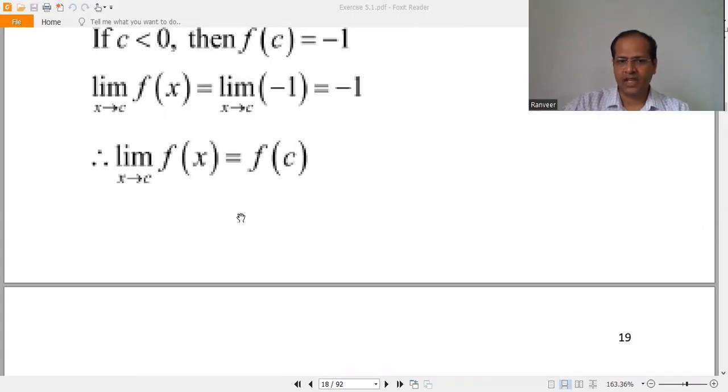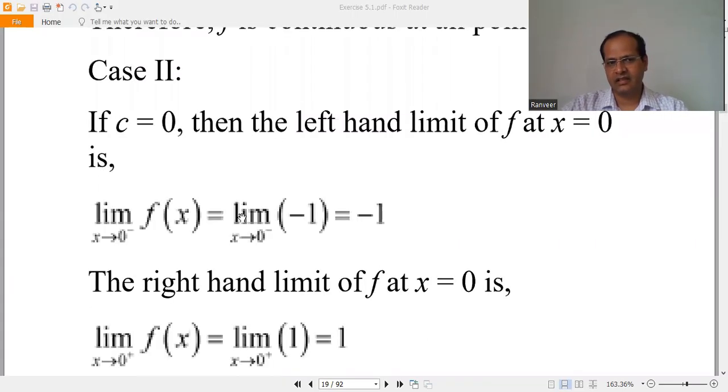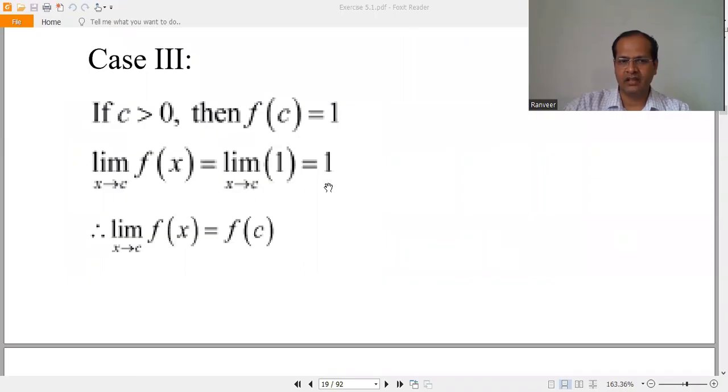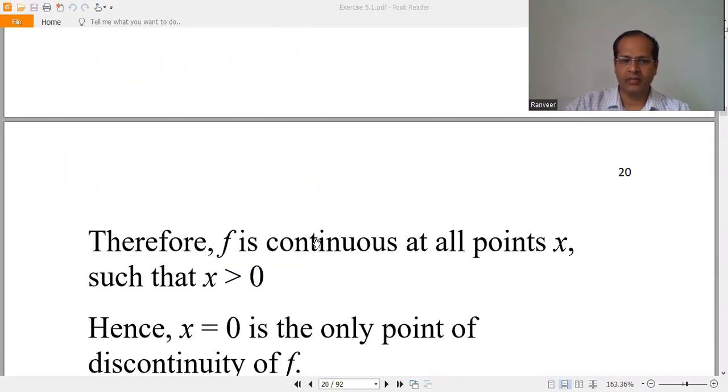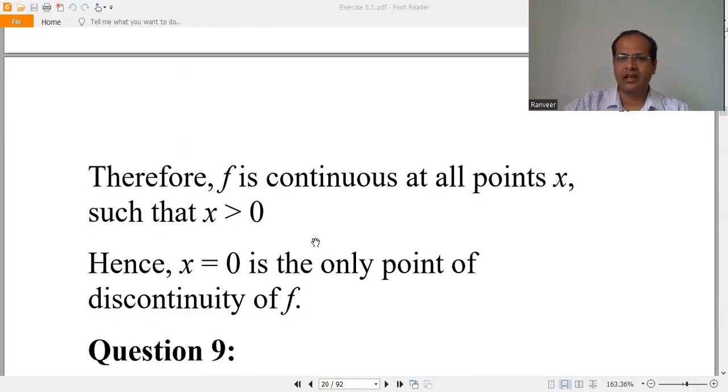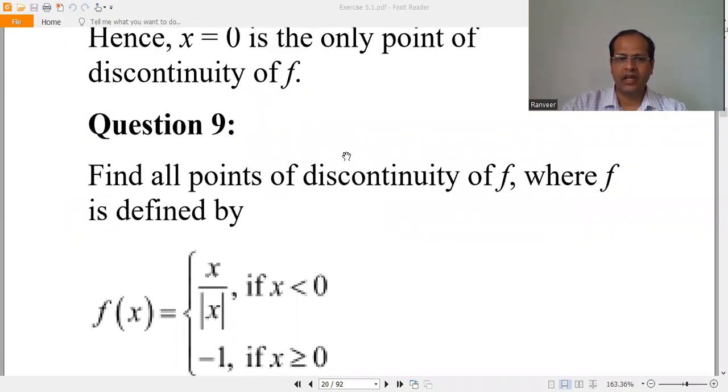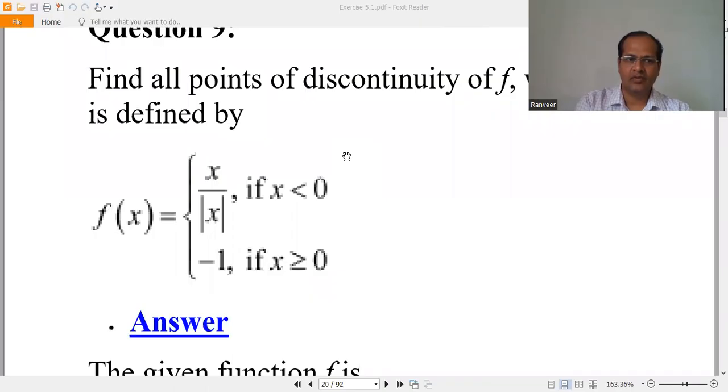What I discussed is case 2, c is equal to 0, and case 3, c is greater than 0. We have to take these 3 points. But the most important thing is we have to check at the given point. Here also the same thing, we have to check the continuity at x equal to 0.